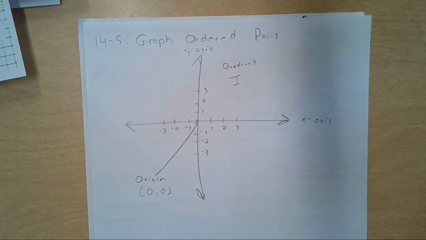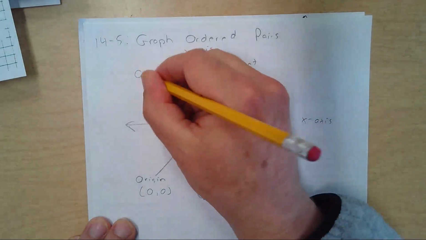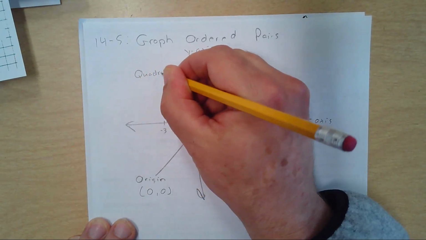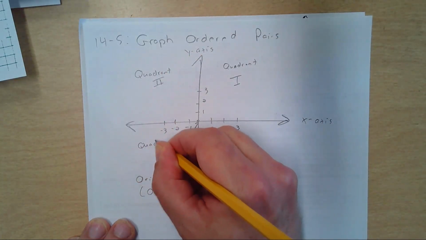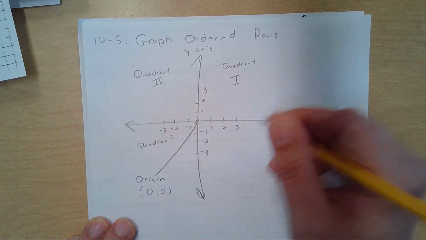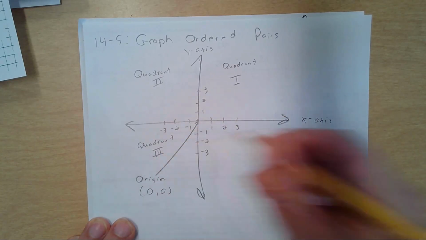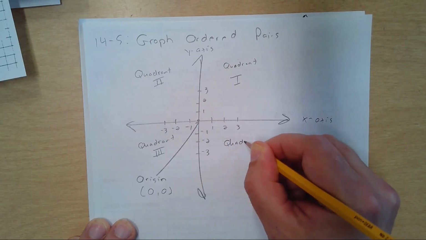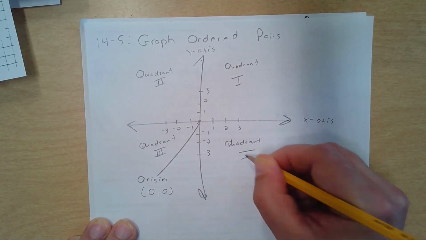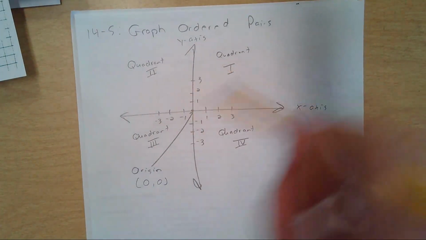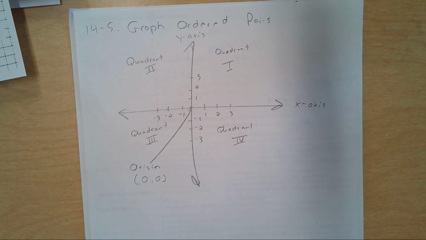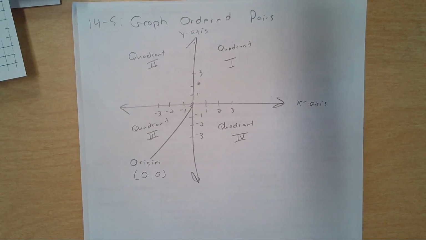For whatever reason, they're generally written with Roman numeral symbols. I don't know why, it just is. This is quadrant 2 over here. Quadrant 3 down here. And quadrant 4 is over here. Probably be easier if they went 1, 2, 3, 4, but they don't. It's not me. This is just how it is.